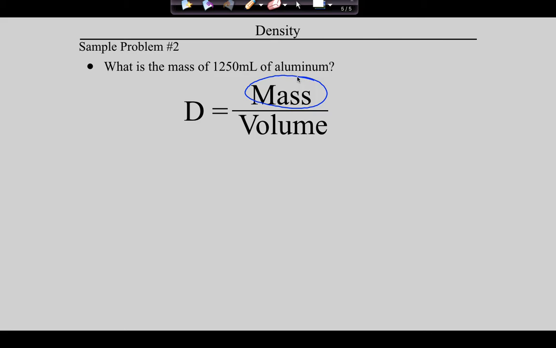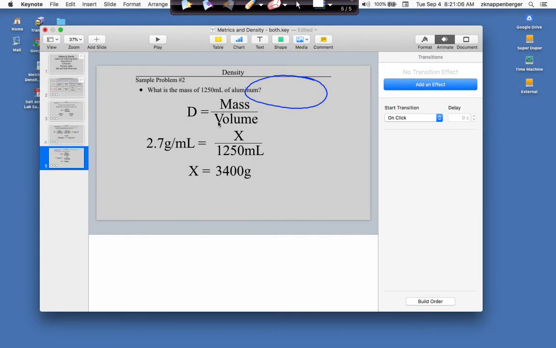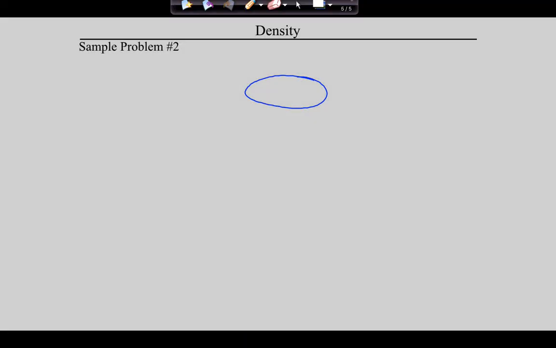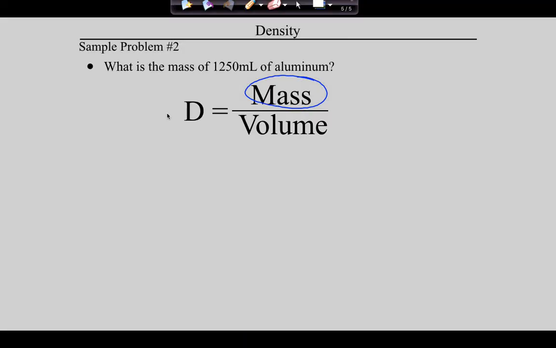So guys, find again element number 13 on your periodic table. We've already looked at this, but let's do it again. So element number 13, what's the density of aluminum? 2.7. So guys, it's 2.7 grams per milliliter.